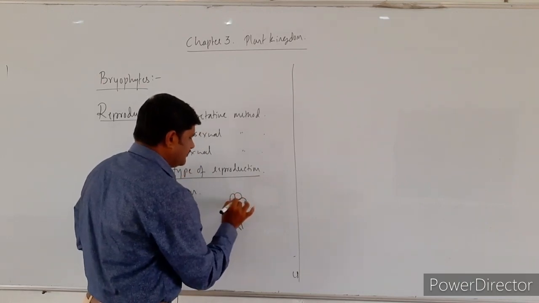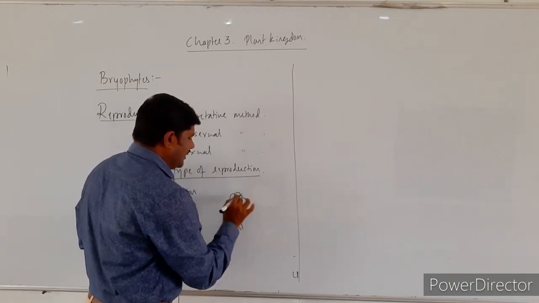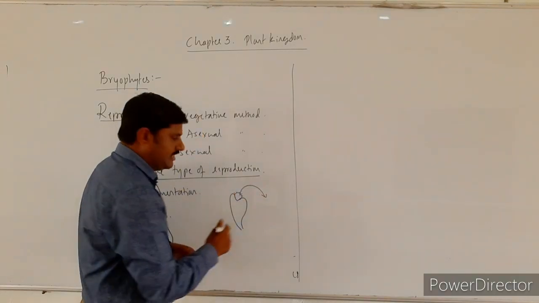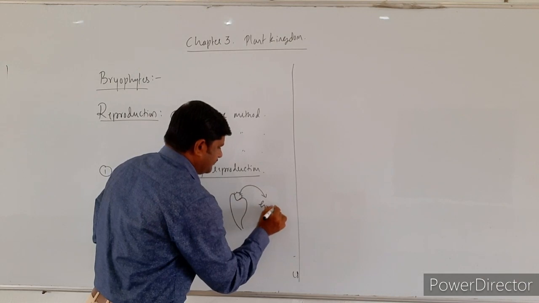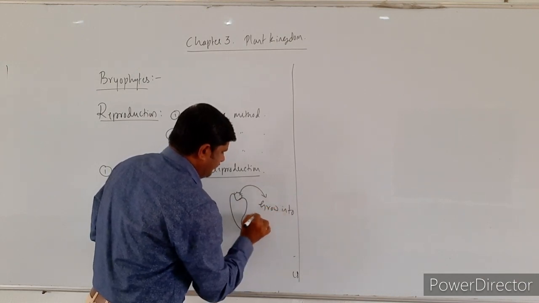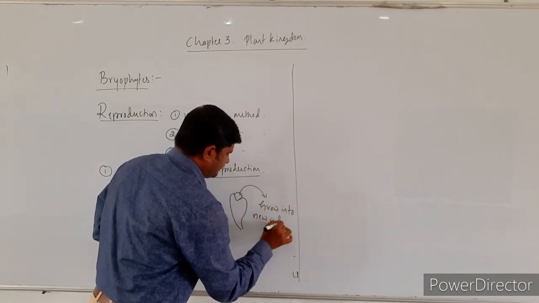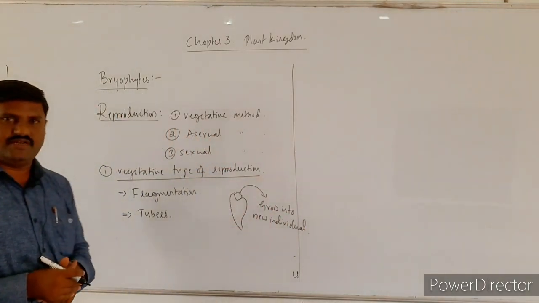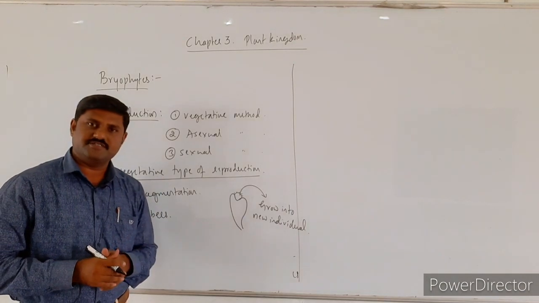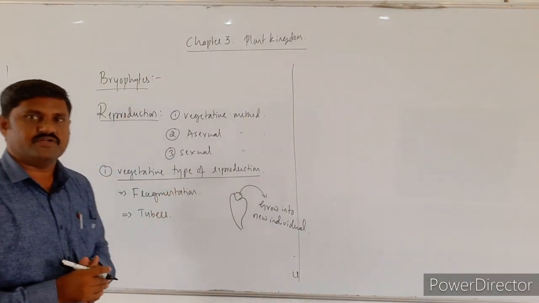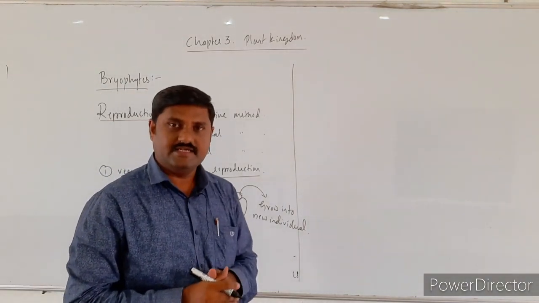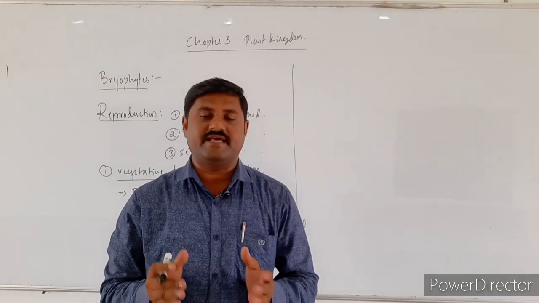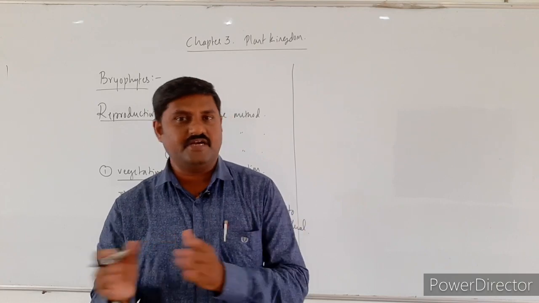Here some tubers are formed, and when these tubers detach from the plant body, they grow into a new individual. This is how vegetative reproduction takes place by tubers, so vegetative reproduction takes place by different methods.